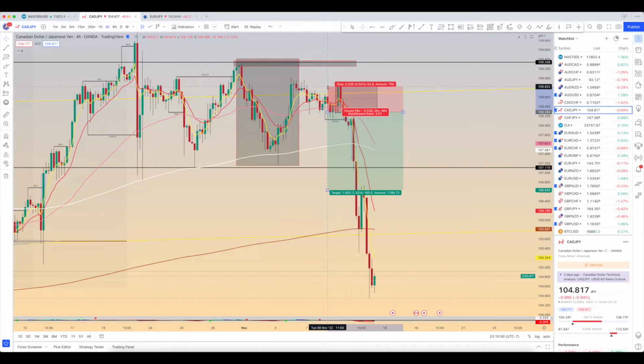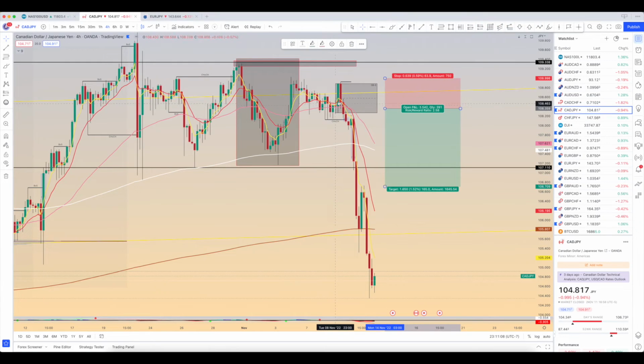So the only crappy thing about this trade was that it was 63.9, so 64 pips, just a little off of my target for stop loss. And then the trouble was once it bounced back up here, I would have considered that a loss.